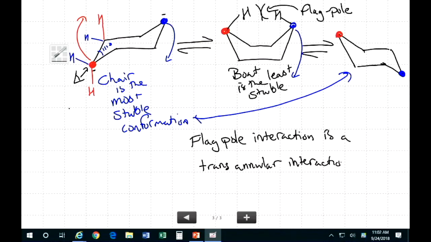The flagpole interaction is a transannular interaction, and transannular is just a big sciencey word for across a ring. So this flagpole interaction that destabilizes the boat occurs from across the ring. One group on one side of the ring bangs into the other.